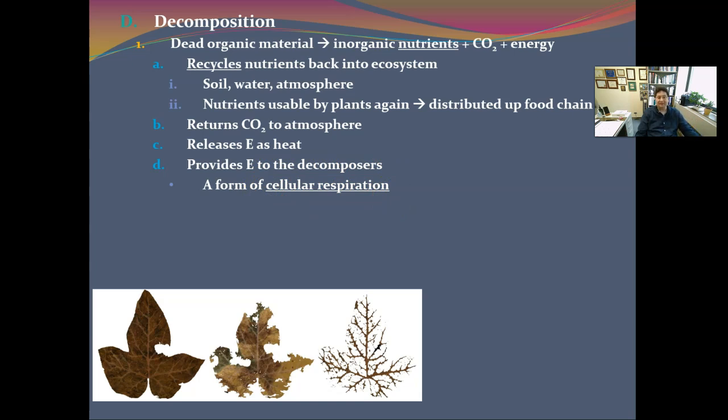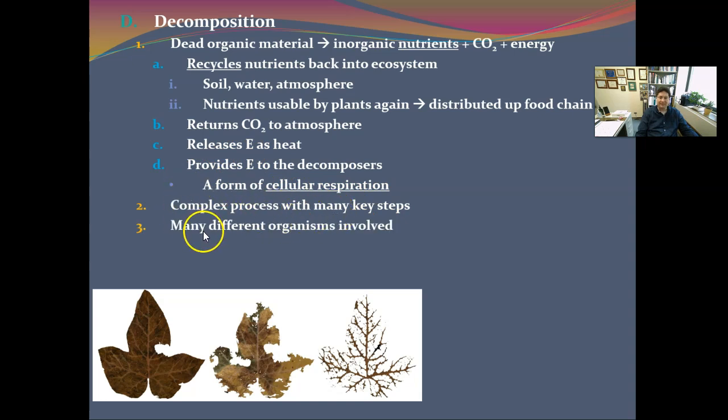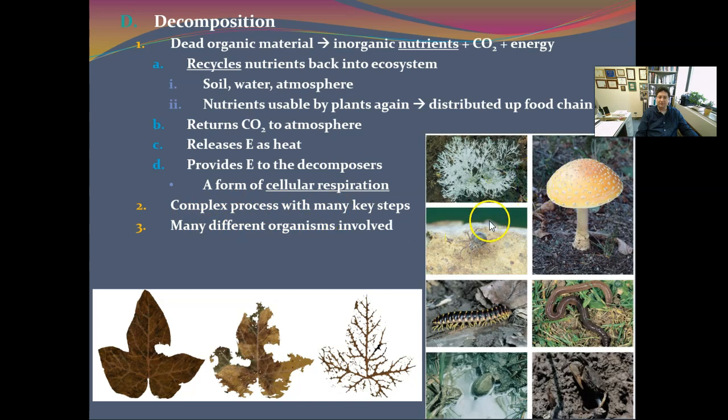And we'll get to that later in more depth. Decomposition is a complex process with many key steps and many different organisms involved, some of which are pictured here. Now, a very important point that you want to remember is bacteria and fungi. These are the two main groups of organisms that are responsible for decomposition.